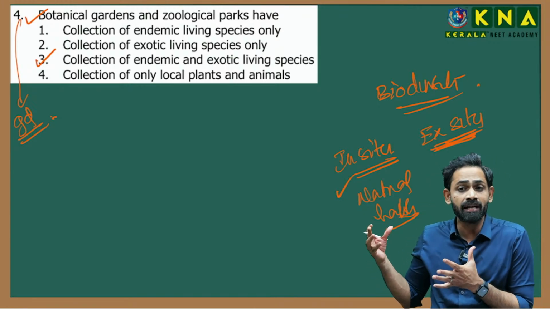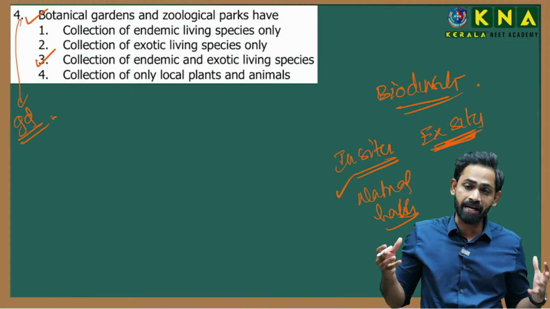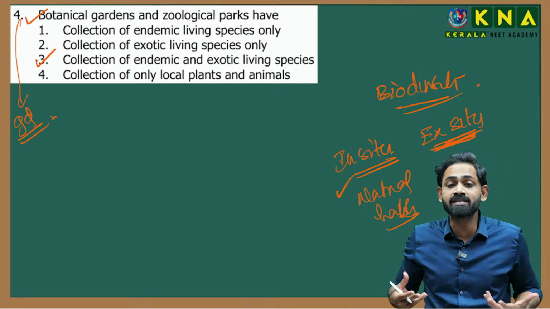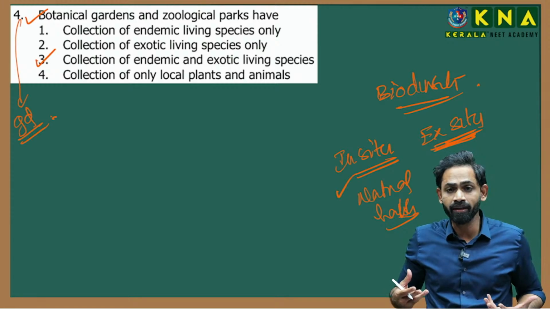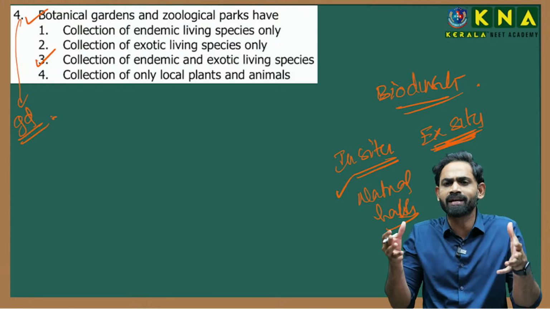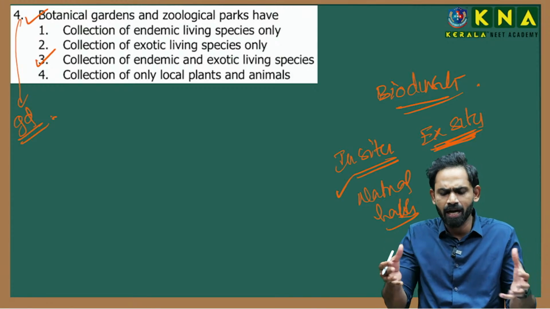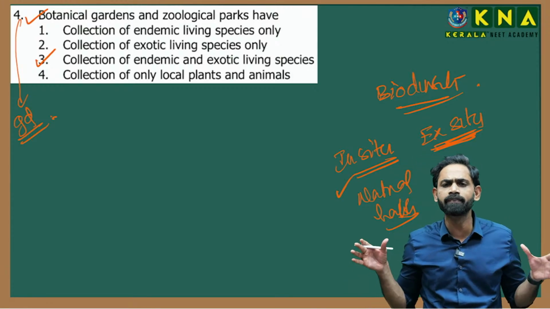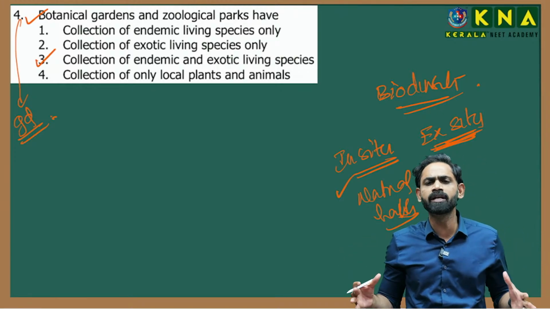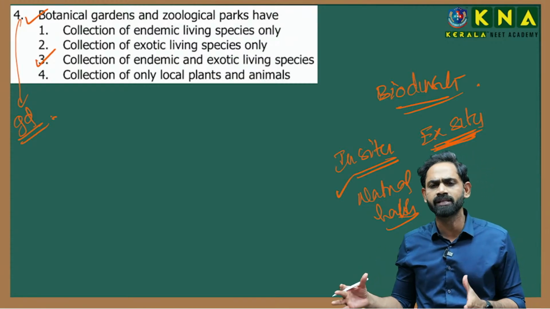To protect those, we store or save them in botanical gardens and zoological parks. So question number 4 is a good question, a connection between the living world and biodiversity chapters.